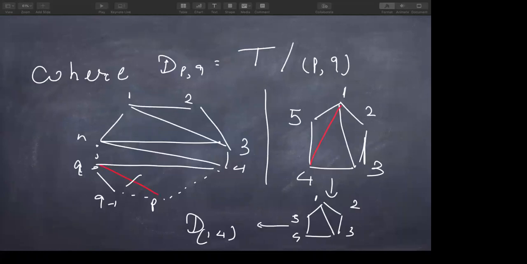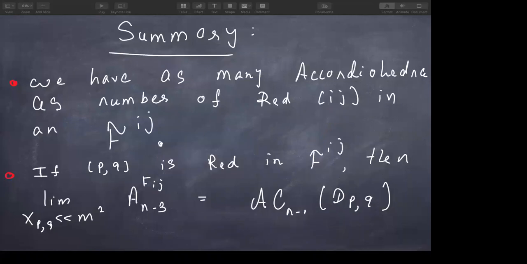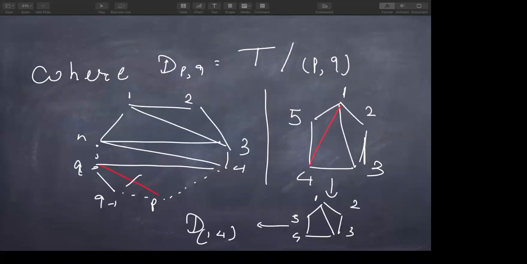Okay, so here I've written the formal statement that if you take xpq much less than m square, I get an Accordiohedra which is defined by a reference dissection which I call dpq. Let me explain what dpq is. It is nothing but a dissection you obtain by erasing pq. Looking at the right hand side of the figure, if you start with a reference triangulation 13, 14, where 14 is red, and now I have a colored associahedra, and I look at the region where x14 is much less than m square, then the resulting Accordiohedra is the one where the reference dissection is just this 13.